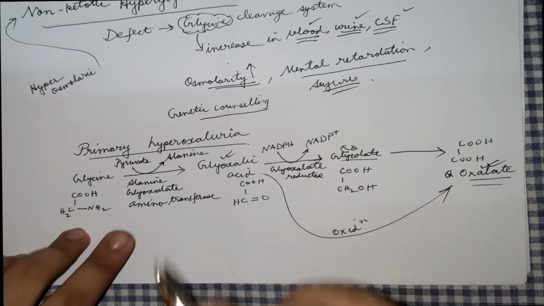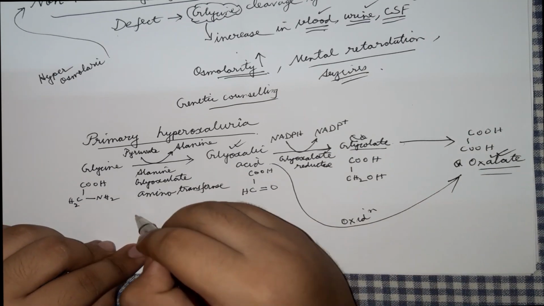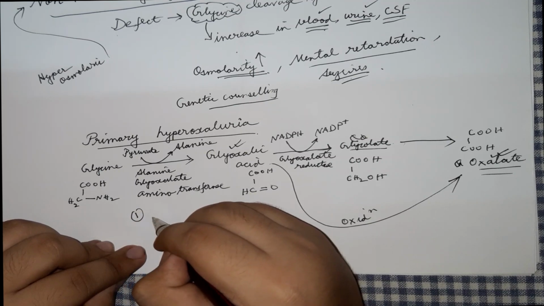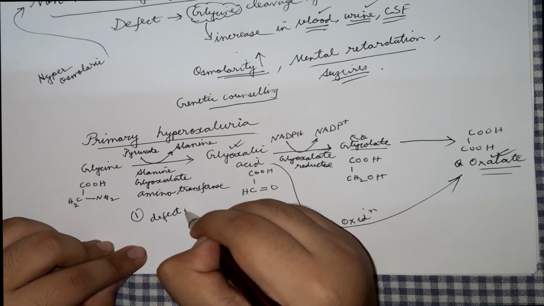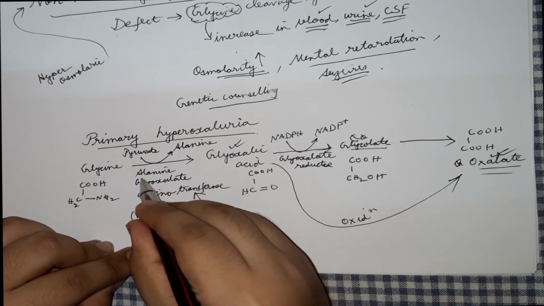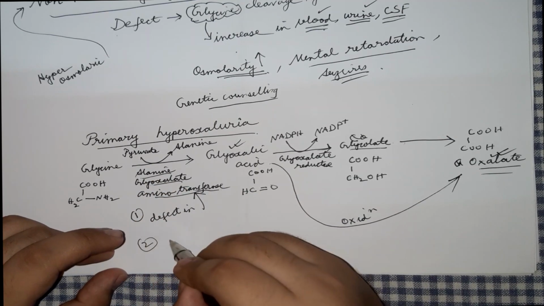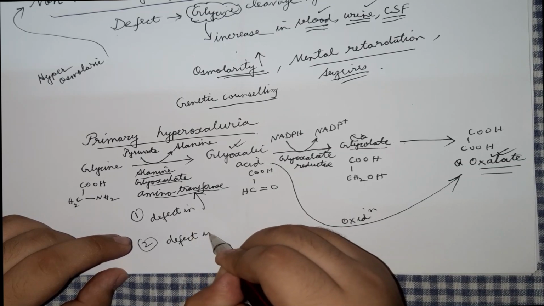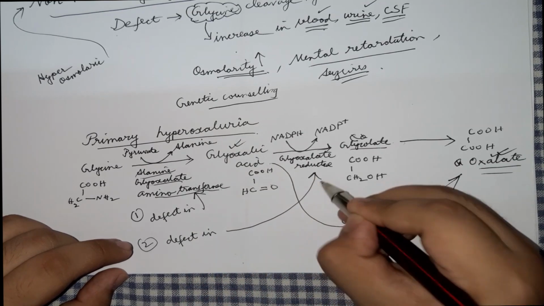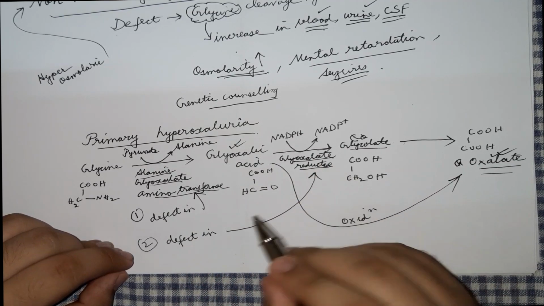That happens either due to, number one, defect in this enzyme, that is alanine glyoxalate aminotransferase, or number two, defect in this enzyme, that is glyoxalate reductase.